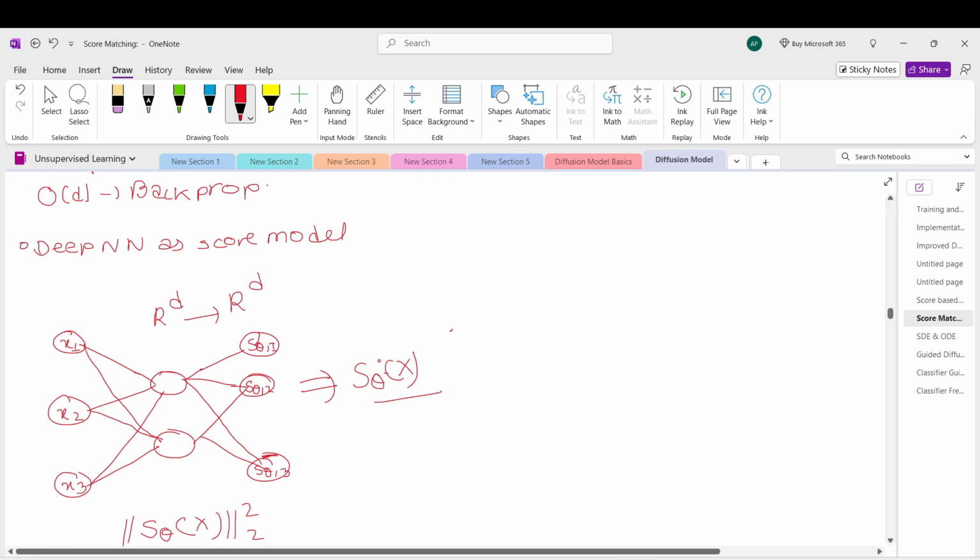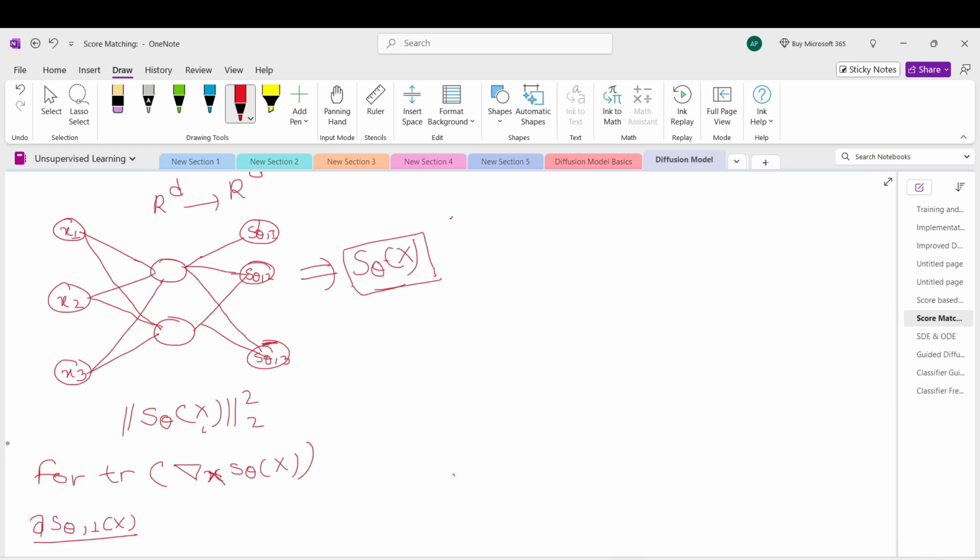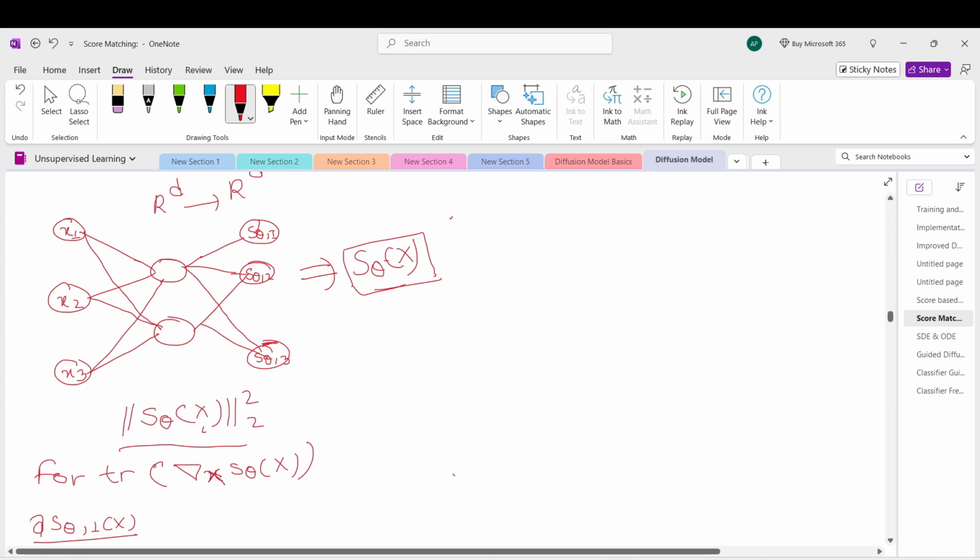We can easily approximate this quantity, s theta of x, using some neural network, and if you take the L2 norm and square it, we can get this quantity. We can easily get this quantity, and for the other quantity we have to do back propagations. So many back propagations. This is what I've written.